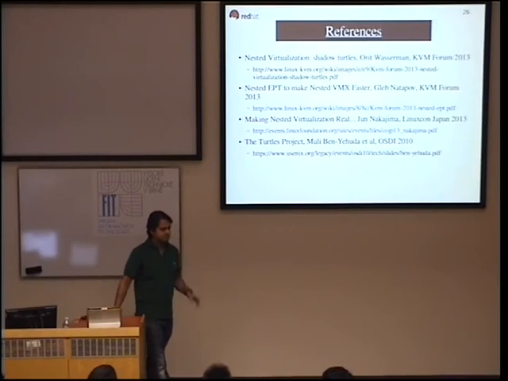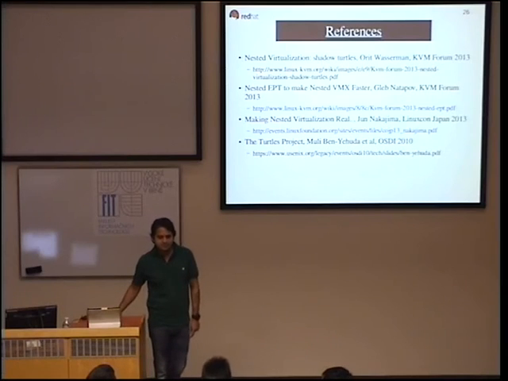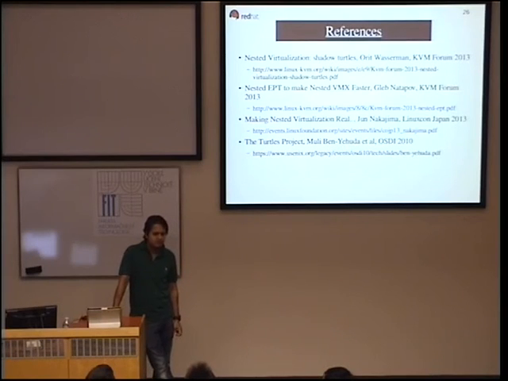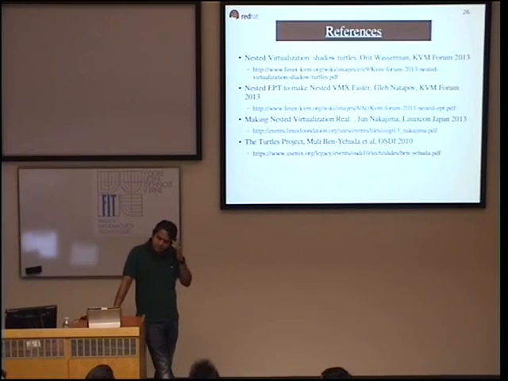How much does it cost in memory to have all these nested page tables? The original page table is already 0.2%, right? Page tables have 64 bits per page, so per 4 kilobytes you actually have 8 bytes.